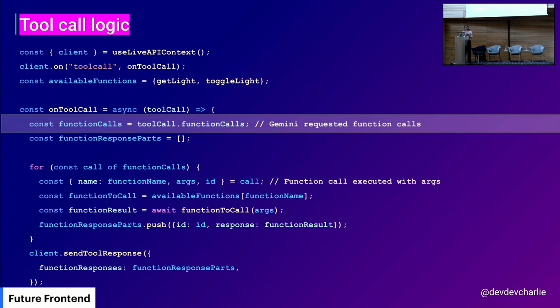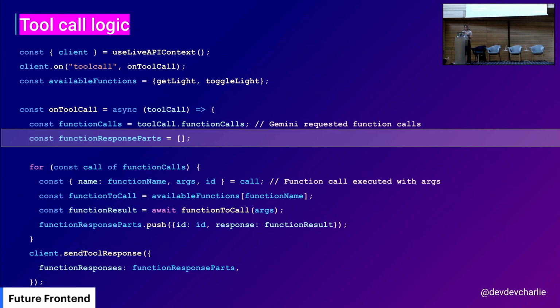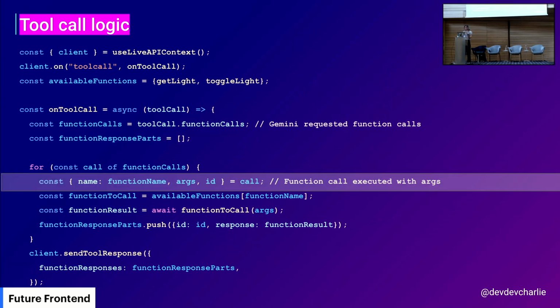So we're going to start by looking at the function calls. Gemini is going to return the functions that it thinks it's going to have to run. Here, I'm storing the response parts in an array because getLight is returning an ID that it then has to pass to the next function. So here we're looping through the function calls. It should be going getLight and then toggleLight.